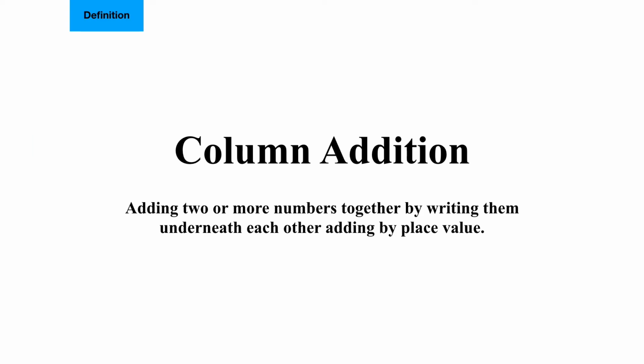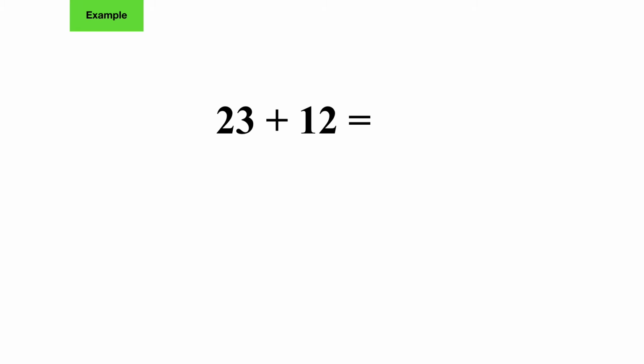We do this by the use of a column, or placing the numbers vertically below each other and adding up using our place values. So column addition can be seen as adding two or more numbers together by writing them underneath each other, adding by place value. Let's take again 23 plus 12.